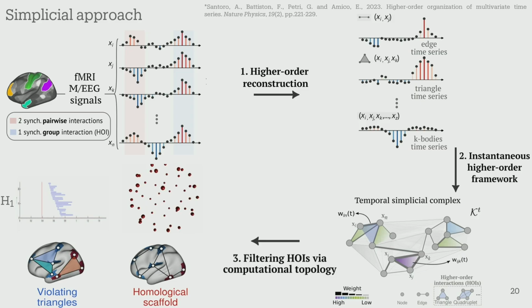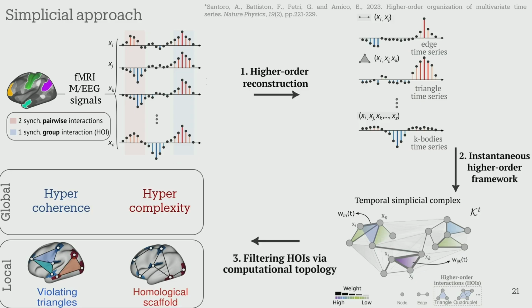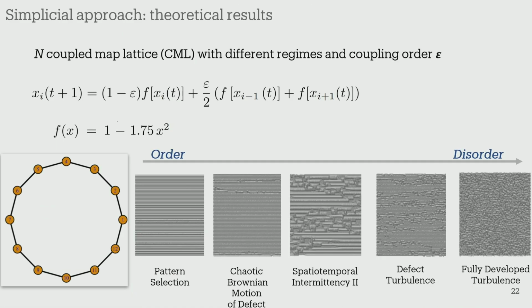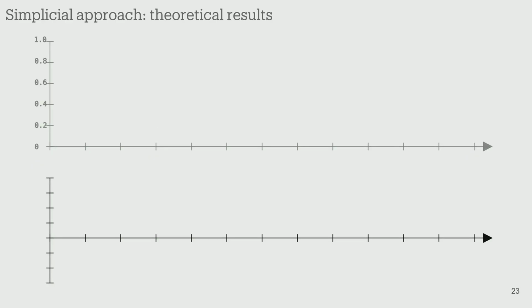And so starting from that, basically we extracted different indicators, some global and some local. In particular, what we observed in the original paper was that using this kind of approach, starting from synthetic time series generated from dynamical systems that are well characterized in physics, we were able to retrieve in a dynamic way.